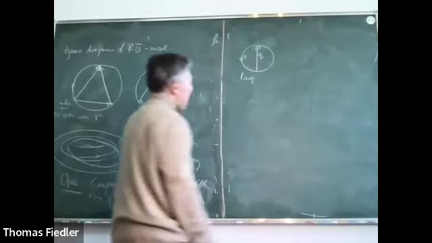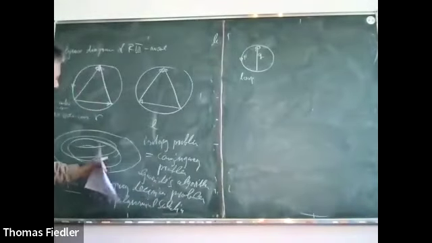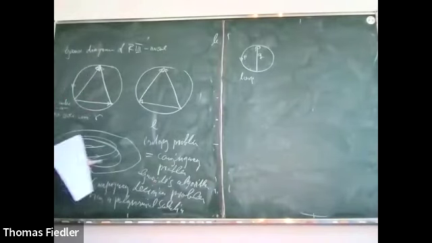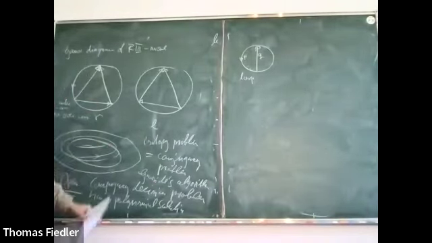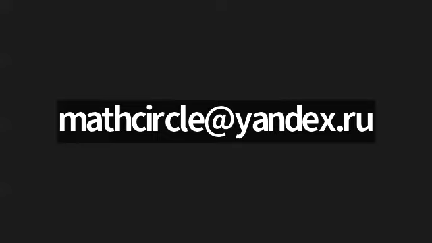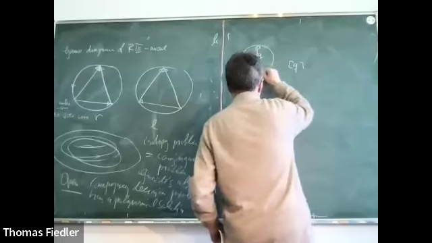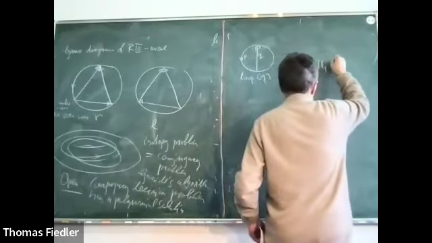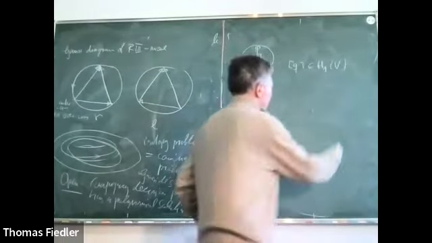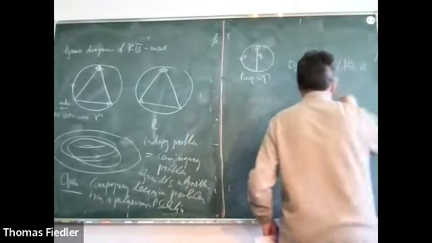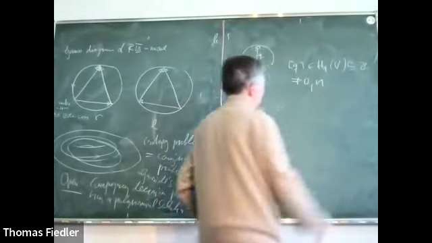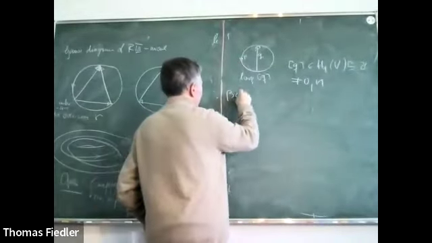Because I'm in the case of closed braids, this loop will represent a homology class in H1 of V. This loop I call it 2. The homology class is in H1 of V, and we know this homology class is not 0, neither n. So if not that, what will it be?